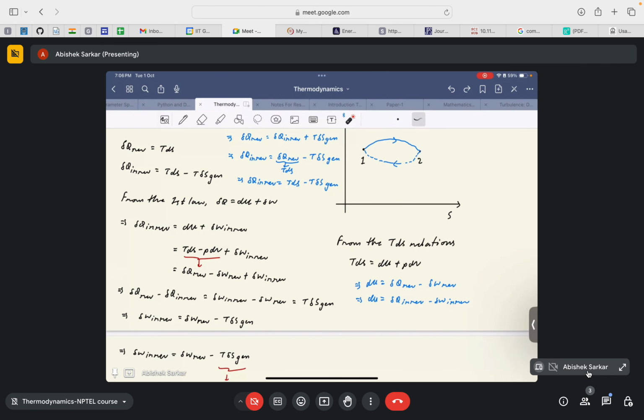So this gives you the intuitive understanding of why the irreversible work done by the steam turbine is lesser than the reversible work done by the steam turbine, or why the irreversible work required by the compressor is greater than the reversible work required by the compressor. Why is this the case? So this is the mathematical proof to that statement.